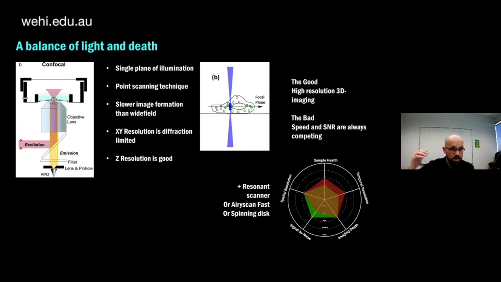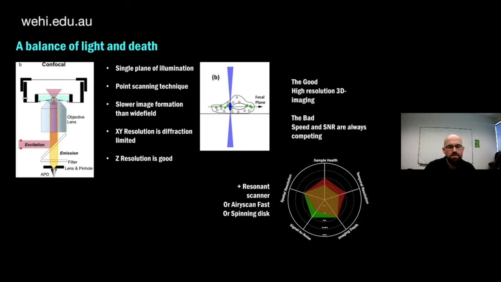You can stack this up in Z, and you can build three-dimensional models of cells. Now, it's a great way of doing three-dimensional sectioning, but it is a terrible way of trying to image live biology in real time, largely because the amount of light that you have to jam into this poor little cell is so high that more often than not, to get anything resembling three-dimensional, four-dimensional data, the cell will begin to die before you can resolve your biology.